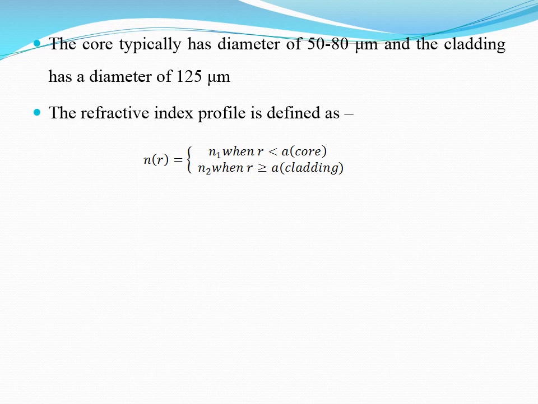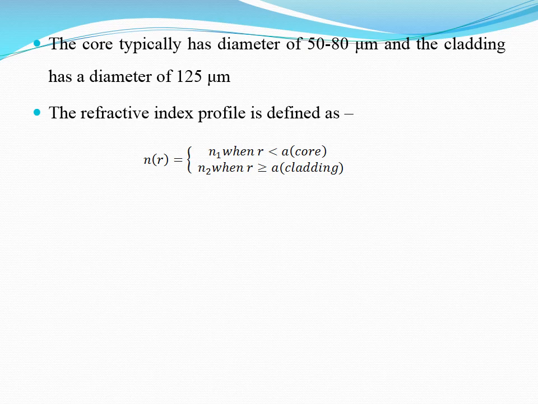The core typically has a diameter of 50 to 80 micrometers. This is the core diameter of the step index fiber. The cladding has a diameter of 125 micrometers. This is different for different types of fibers.